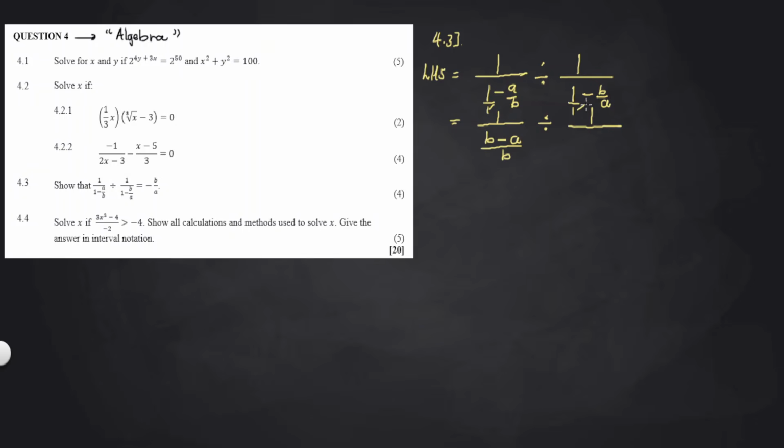I do the same. 1 times b, a times 1, it's a. 1 times b, that's minus b. Divided by a times 1, that's a. Equal to, then we're going to have this 1 over b minus a over b. Then we do it tip and times. We change.